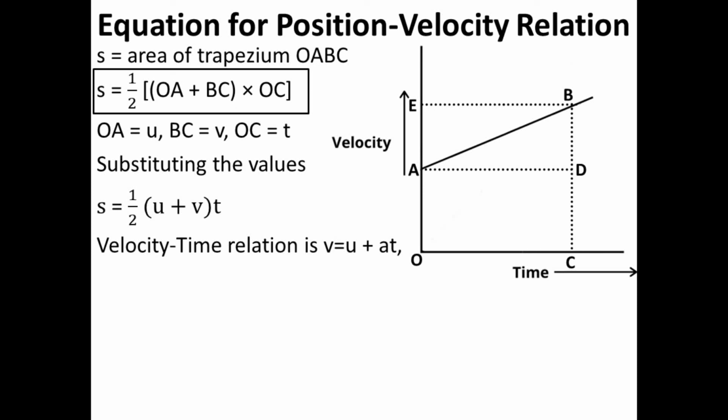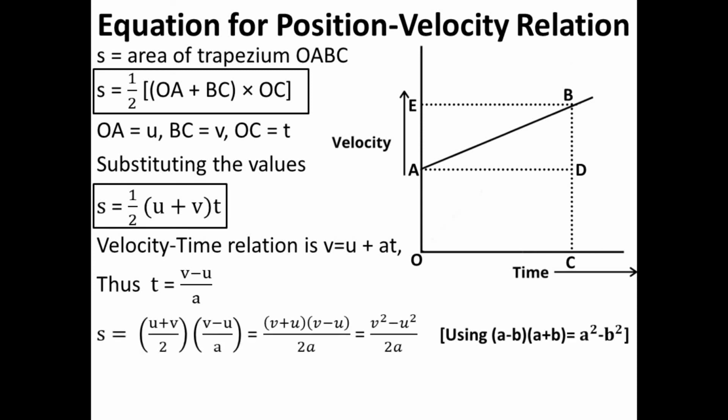Thus, T equals to V minus U upon A. Putting the value of T in above equation, we will get S equals to U plus V upon 2 into V minus U upon A. That is V plus U into V minus U divided by 2A. That is V square minus U square upon 2A. We will get 2AS equals to V square minus U square.